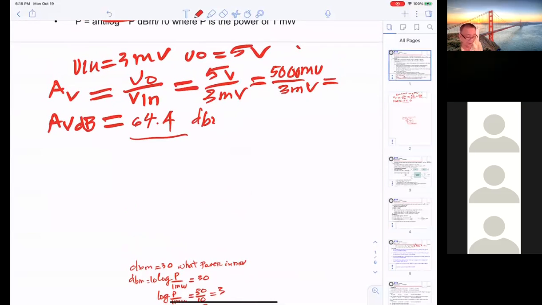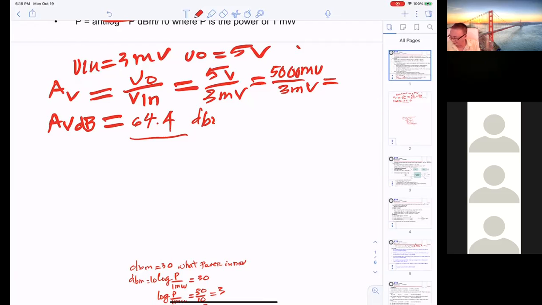So that is the calculation. Who did not get it, or you already know how to get to that answer. So the way they should do it, Mr. Pham, take the 5 divided by the 3 millivolts, they'll get an answer. They take that answer and take the log of it, and then multiply it times 20. Yeah, first you have to calculate the AV, then you can convert into AV in dB.